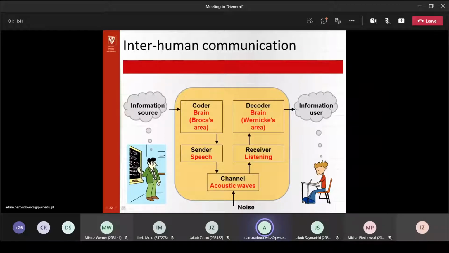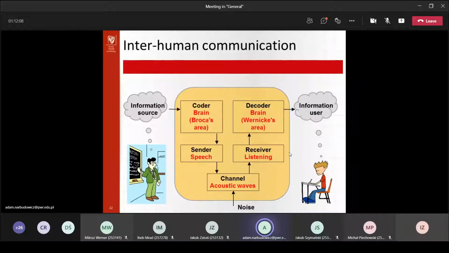All right, and then it hits first your ears, right? So the ears can be seen here as the receiver. So basically just accepting that information, trying to basically demodulate the movement or the vibrations of the acoustic waves into specific sounds, right?